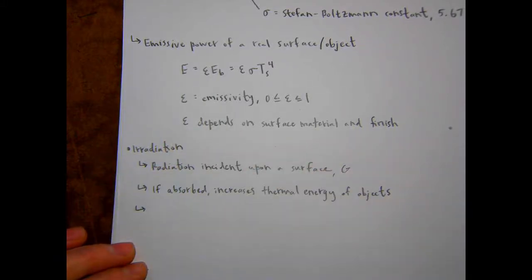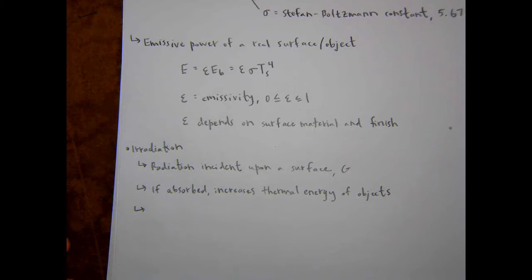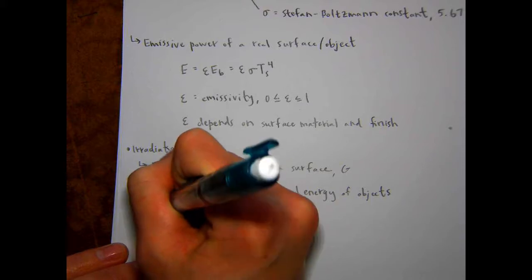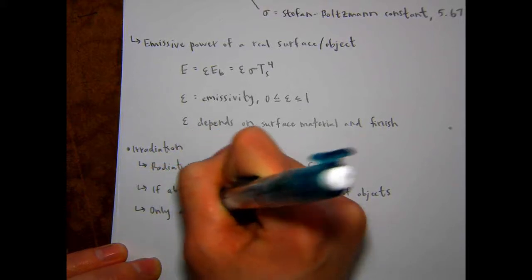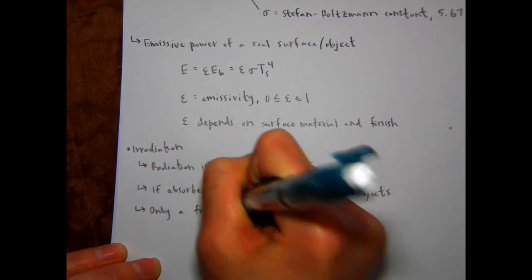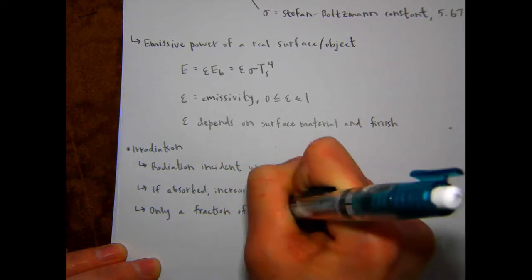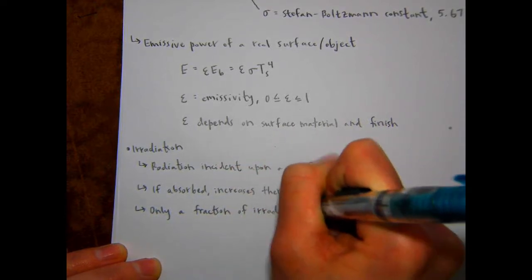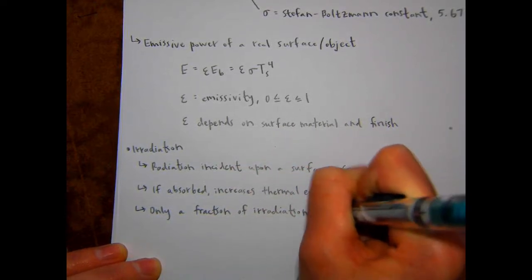So typically, unless you're dealing with a black body, only a fraction of the radiation that is incident upon a surface is actually absorbed. So only a fraction of the irradiation is absorbed.